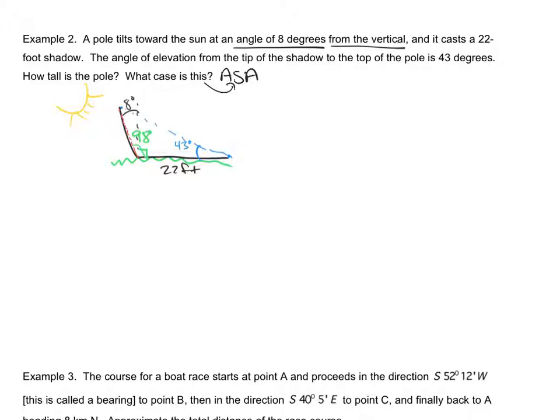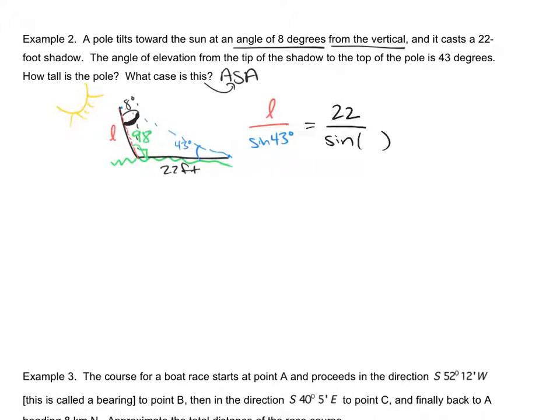So we want to know this length, and so we know that that length divided by the sine of 43 degrees, which is the angle opposite, is going to equal the one length that we do know, which is 22 feet, divided by the sine of the angle opposite that, which is going to be this angle here, which we don't know yet.